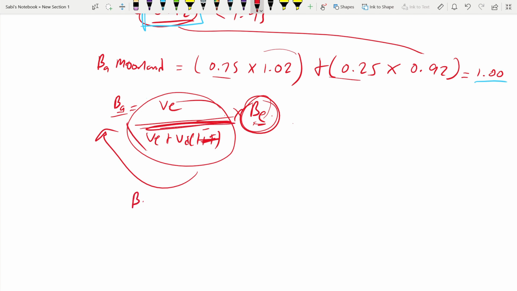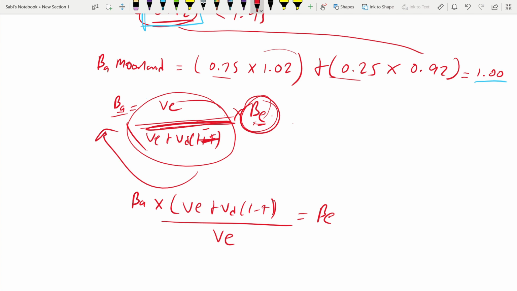So asset beta multiplied by VE plus VD into 1 minus tax, divided by VE. Reciprocal change: denominator becomes numerator, numerator becomes denominator when you bring it to the other side. That's the only small change from asset to equity beta. Using the same formula only, no two different formulas.